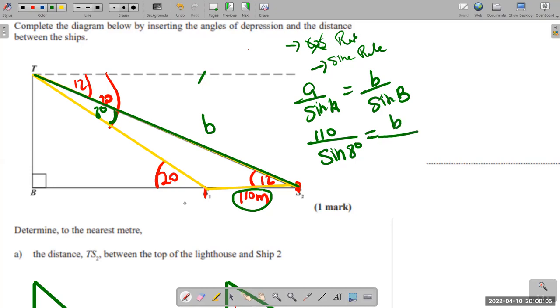Can I find, did they give me angle B? Let me see who's thinking. They didn't give it to us, but can we find it? What do we use to find the angle B? And this is angle B here, eh? Remember, it's opposite. How do we find angle B? Let me see who's thinking.